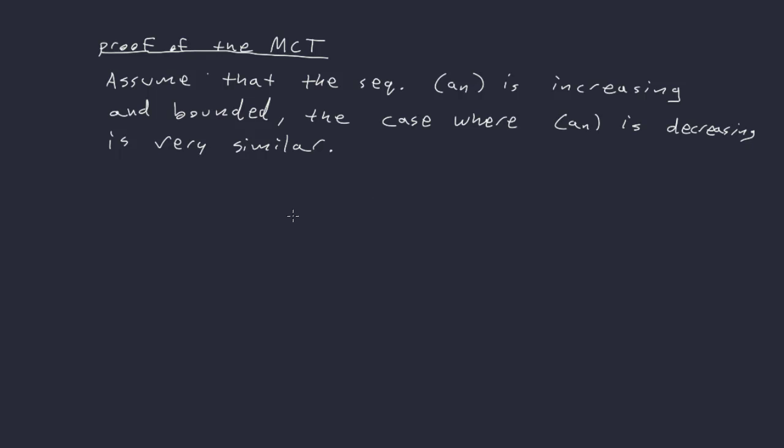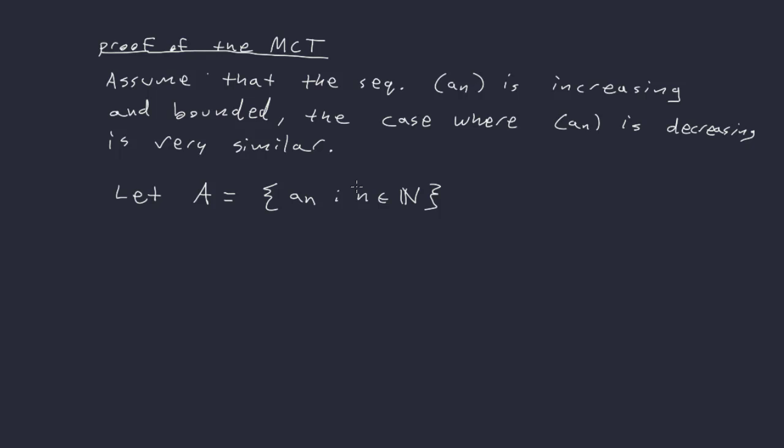Okay, so now, since I want a supremum, now that I know a_n is increasing and bounded, I know that I'm going to want to talk about the supremum, right? So that means I need to set up a set, right? Because sups act on sets. So let me let capital A be the set of all a_n for n in the naturals. All right, so I'm just making a set out of my sequence, which is okay.